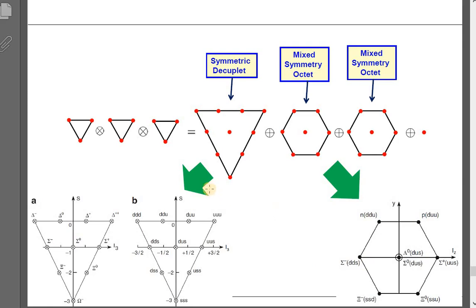And this is what we experimentally observe. This thing, see, the symmetric decuplet. Remember, I talked about it in my first lecture, regarding the baryon decuplet and baryon octet cases.